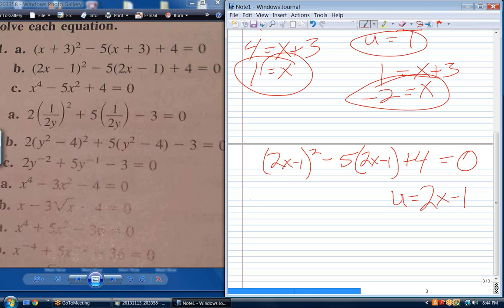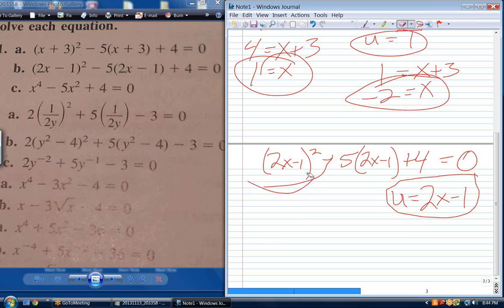In other words, go back in and substitute u for 2x minus 1. What do we have? Would it be 4x squared? No. In other words, all we're going to do is substitute u wherever we see 2x minus 1. So what does this become?